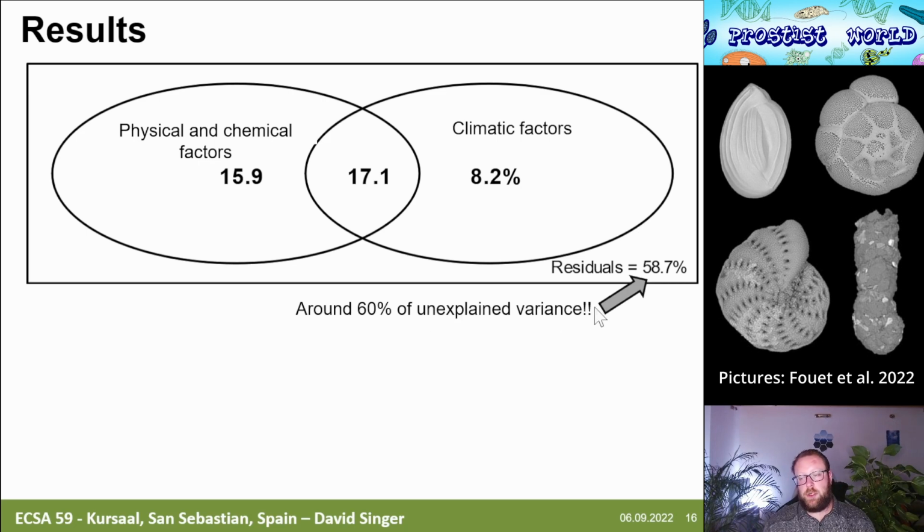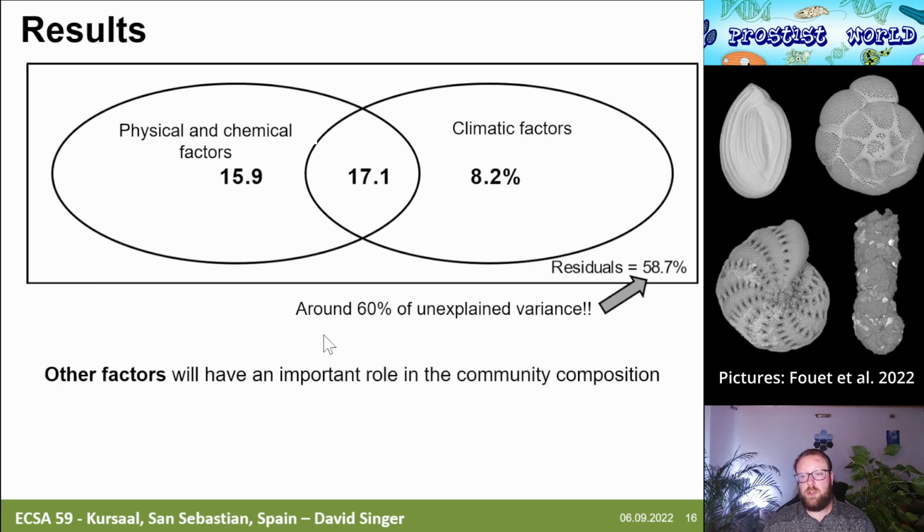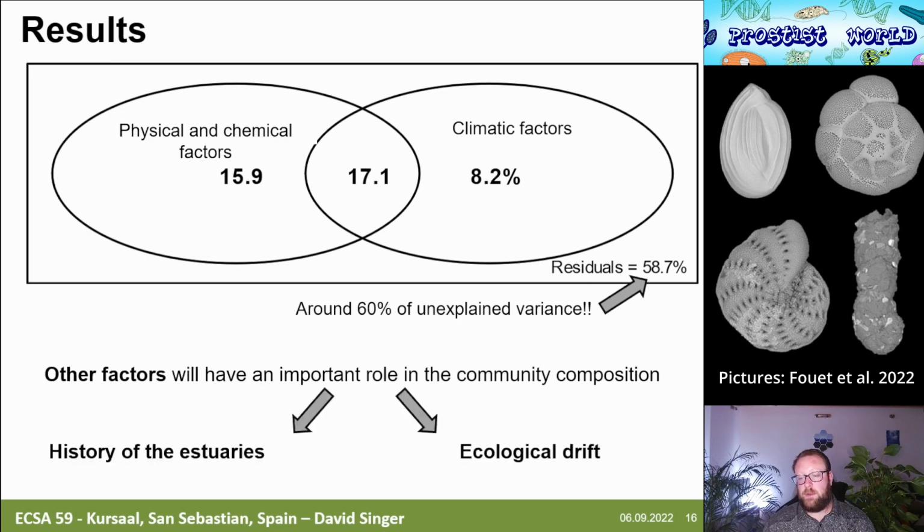And this is an issue if you want to do biomonitoring in the estuaries. The lead, for example, does not have that much influence on the community composition. So we should think about other factors that have a major impact on the community composition. We can make some hypotheses, like the history of the estuaries or the ecological drift.